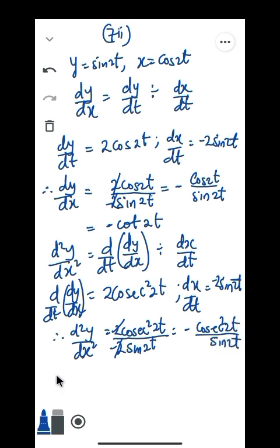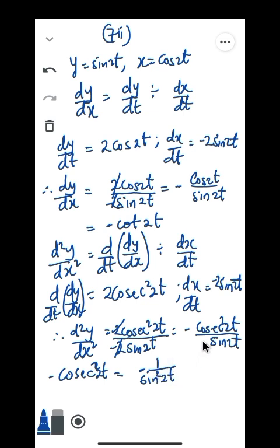Now we know that cosec, let's say negative cosec squared 2t, this is actually the reciprocal of sine, so we can write it as -1 over sine squared 2t.